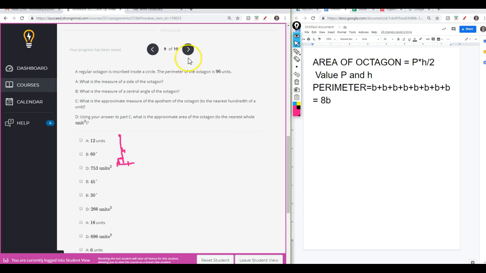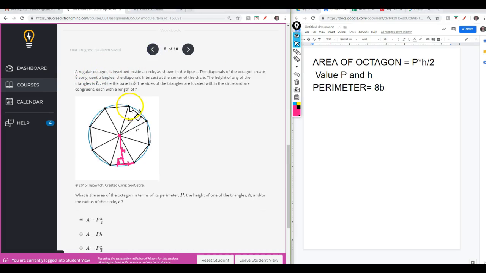So if we jump back over here, the perimeter of the octagon is 96 units. I could rewrite this as the perimeter equals 8 times b, because it's a regular octagon. They said the perimeter was equal to 96 units.